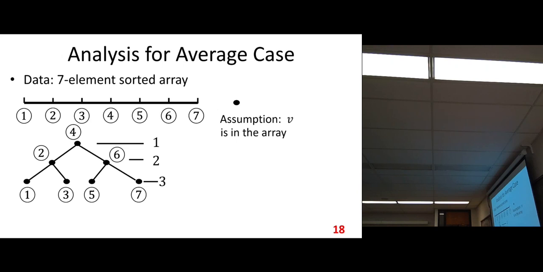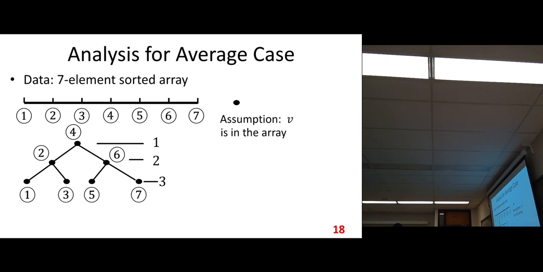Going down, the remaining 4 at the same level need 3 comparisons. See? We get a nice binary tree. This is what we call a complete binary tree, a perfect binary tree.